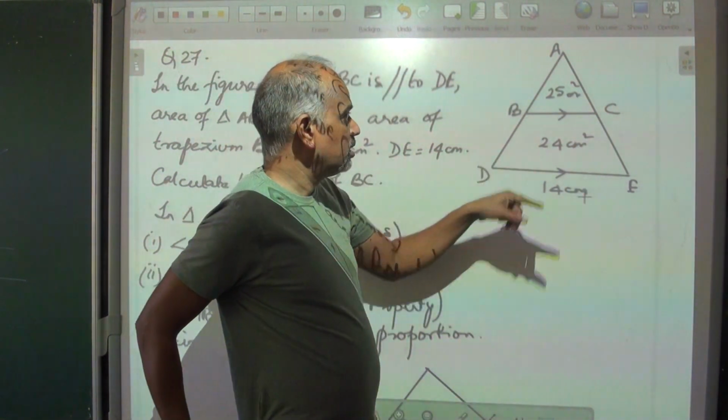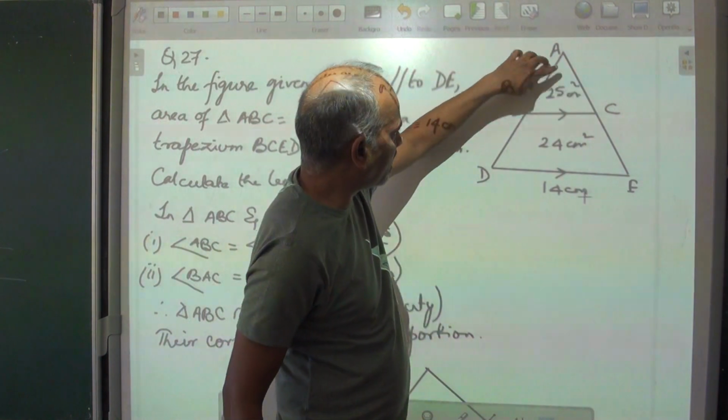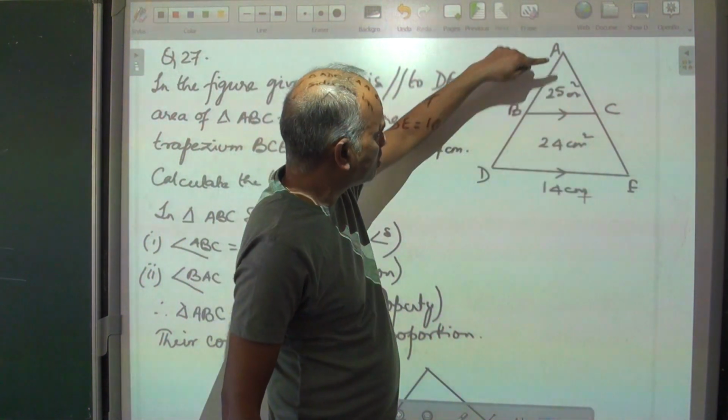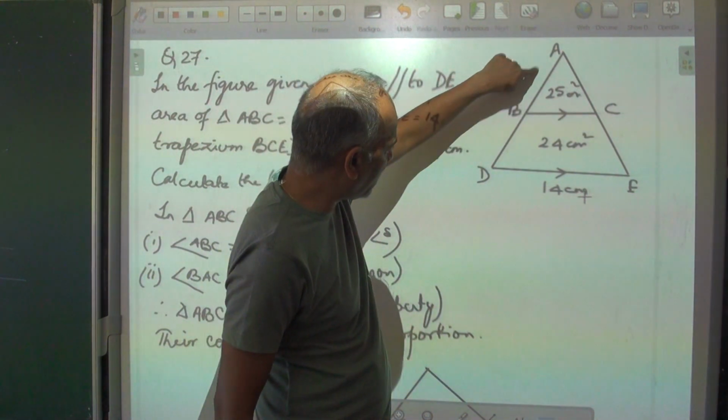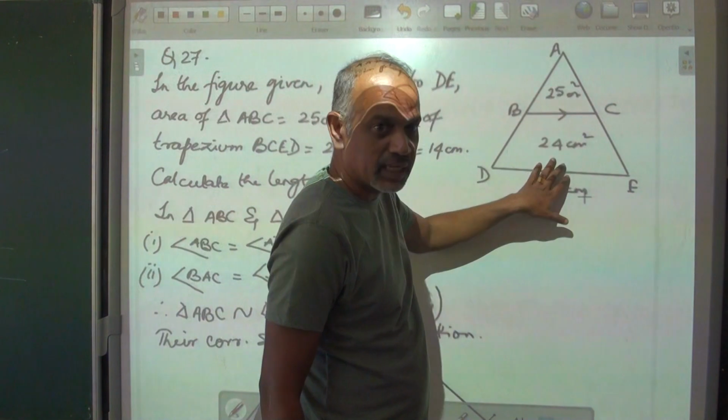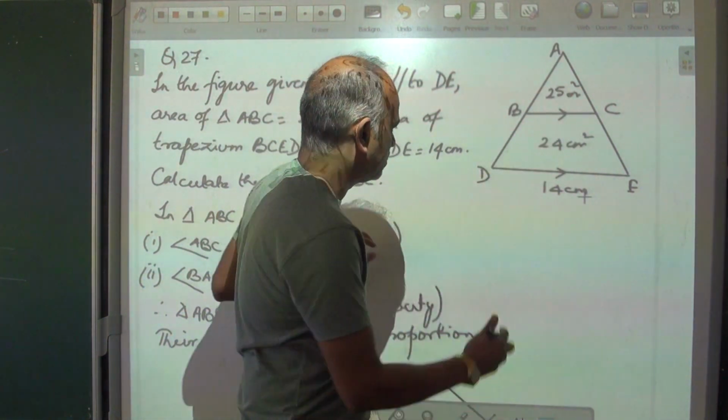Now look at this. The smaller triangle has area 25, trapezium has area 24. So the area of bigger triangle ADE will be 25 plus 24. That gives you 49.